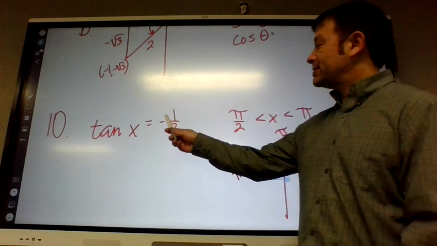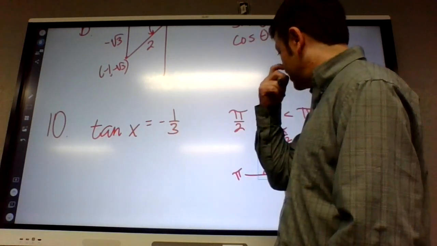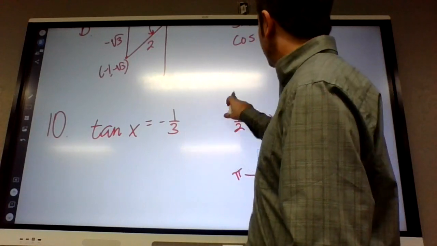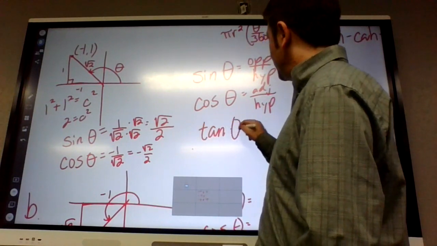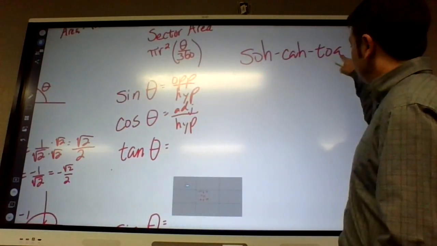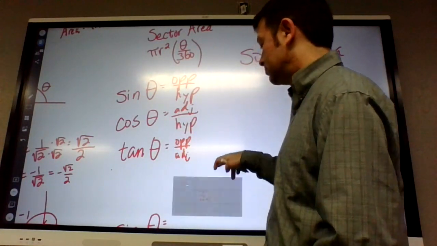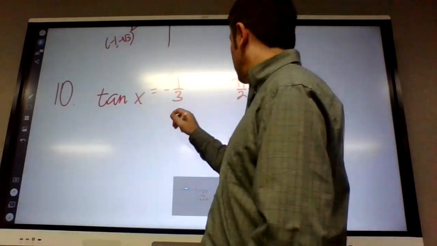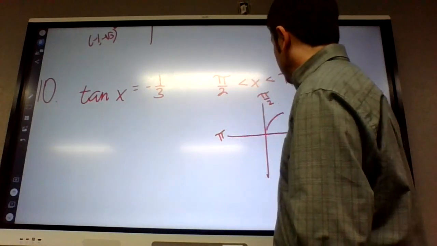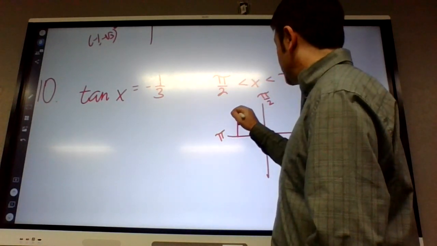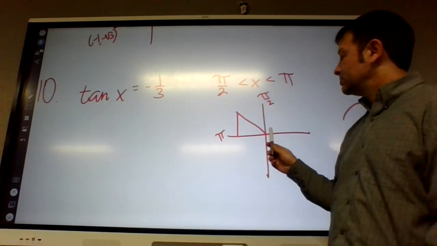Okay, so when it says tangent equals negative 1/3, what was tangent equal to? Yeah, I don't think I ever wrote that one down, because we didn't need it back then. But tangent is opposite over adjacent. So if my triangle is in the second quadrant, which side would be the opposite side?